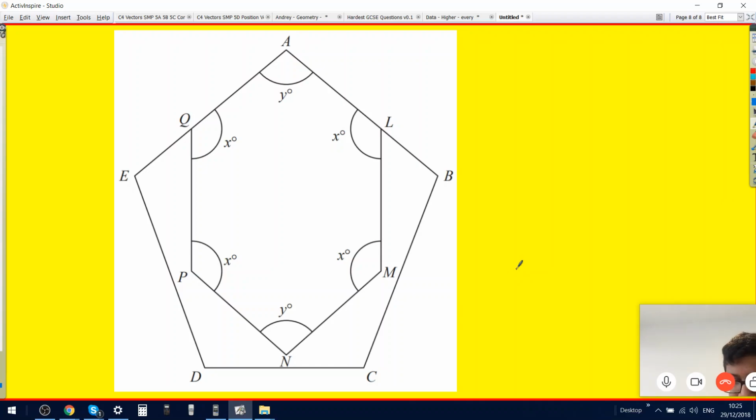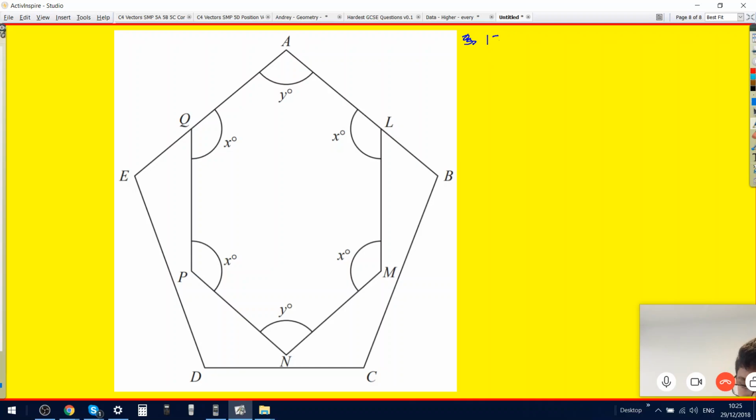So if it's a regular pentagon, we can use n minus 2 times 180, so 3 times 180, 540.